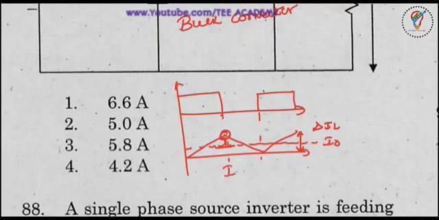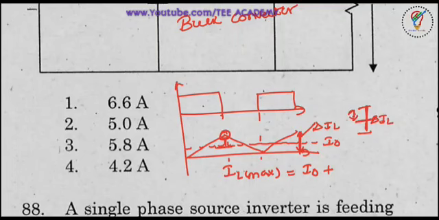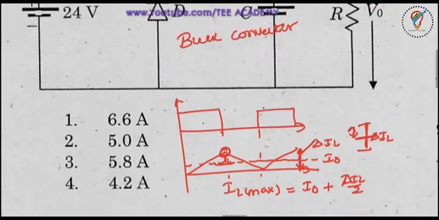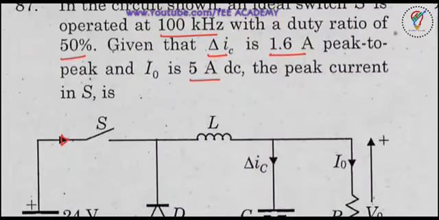The maximum value of IL is the average value I naught plus half of delta IL, because the entire part from here to here is delta IL, and we want the half above this portion, so delta IL by 2. In the given problem, I naught is 5.